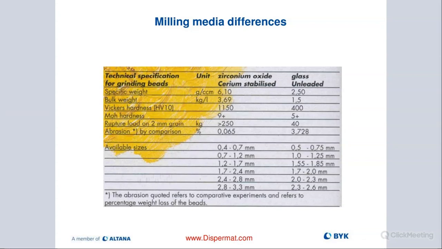I would go down in bead size all the way until I have enough kinetic energy and also time to break up these particles. There are zirconium oxide beads now that are actually smaller than 0.4. You can now go down to 0.1 millimeters for ultra fine applications. But that really depends on what kind of formula you have.